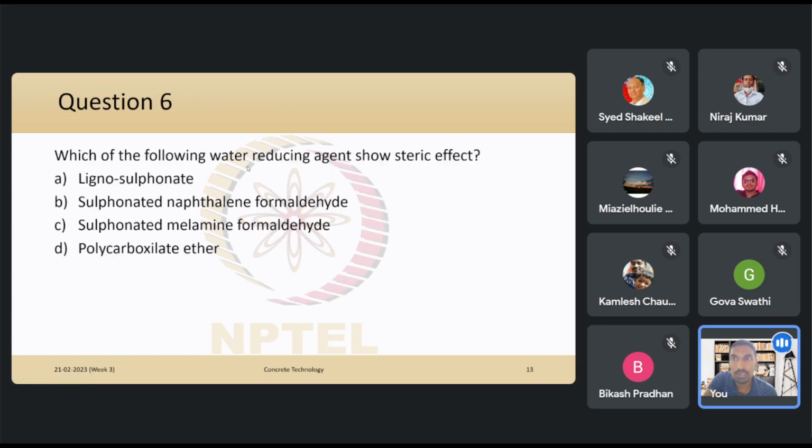Okay, so question number 6 is, which of the following water reducing agents show steric effect? Option A is lignosulfonate, option B is sulfonated naphthalene formaldehyde, option C is sulfonated melamine formaldehyde, option D is polycarboxylate ether. Okay, the poll is launched.